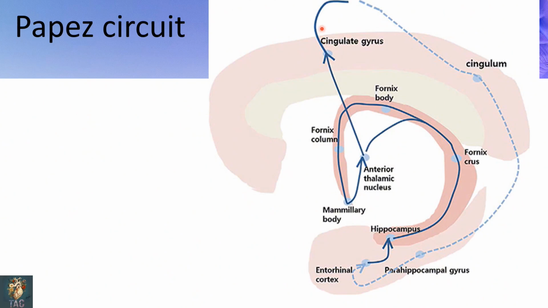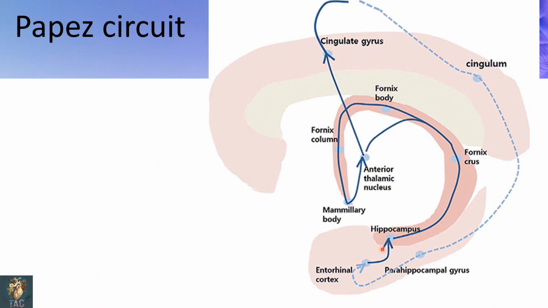They are passing through the cingulate gyrus to the entorhinal cortex, and then this entorhinal cortex has a connection with the hippocampus. So the information which was started in the area of the hippocampus, this information also reaches back by way of the Papez circuit to the hippocampus again.